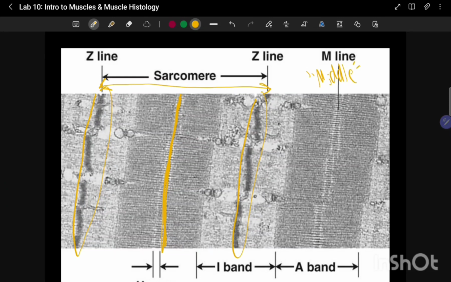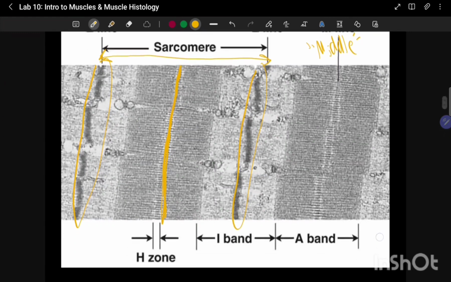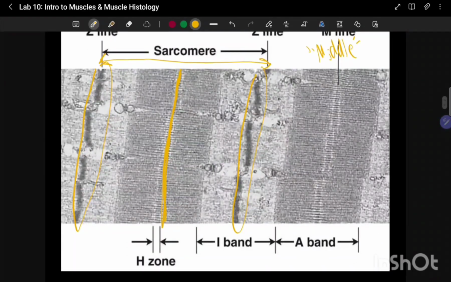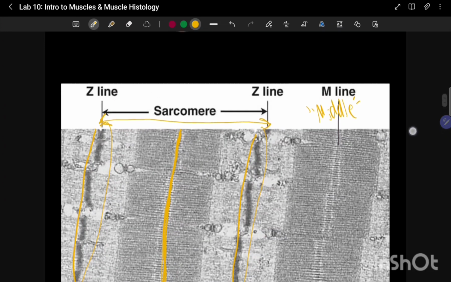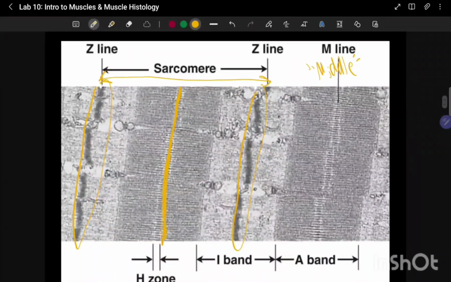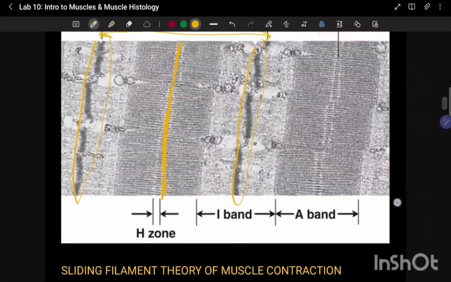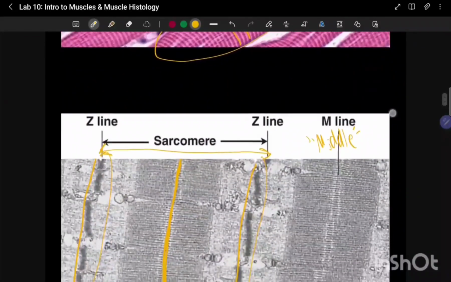Next up, we have some bands. So these bands are based on how light or how dark they appear on our slide. So H refers to our zone where we only have myosin overlapping. So let me back up a second here. We talked about myosin and actin, and what we're seeing with the sarcomere is just different patterns of that overlap. So let's see if I can draw it up here just really quick.